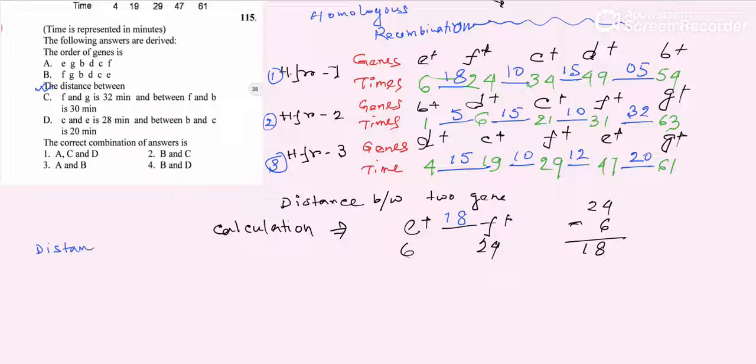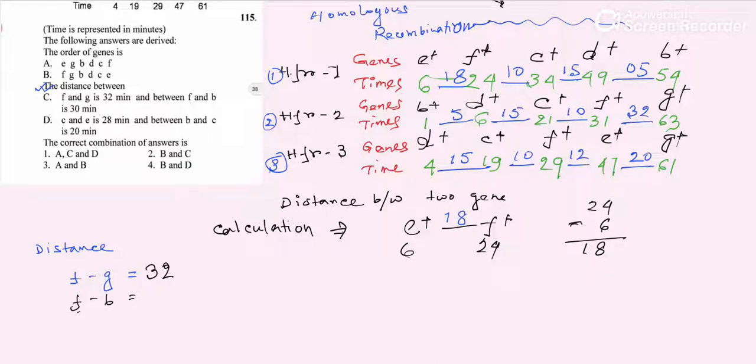They have shown the distance in the option, that is F and G. We can calculate in between F and G, where we can find that F and G is 32, and in the HFR2 strain we can find that F and G is 32 distance, and F and B they want to calculate 30.